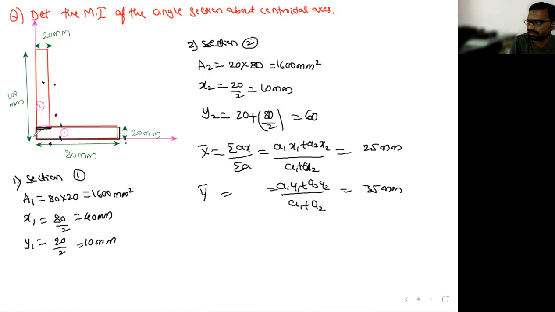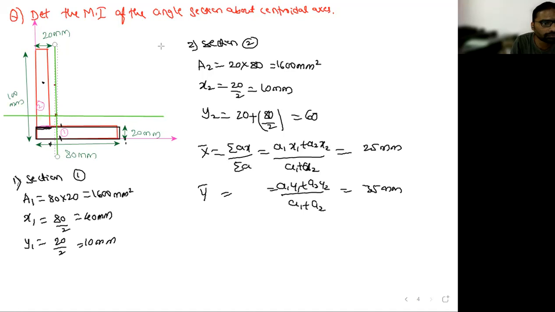This is your CG. Now I will draw the section like this. This is XX and this is your YY. These are the centroidal axes. Next, where do I draw X bar and Y bar?